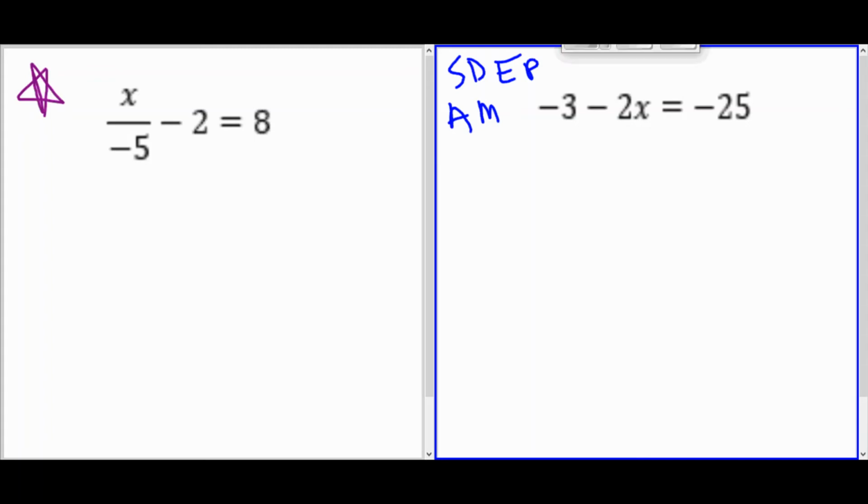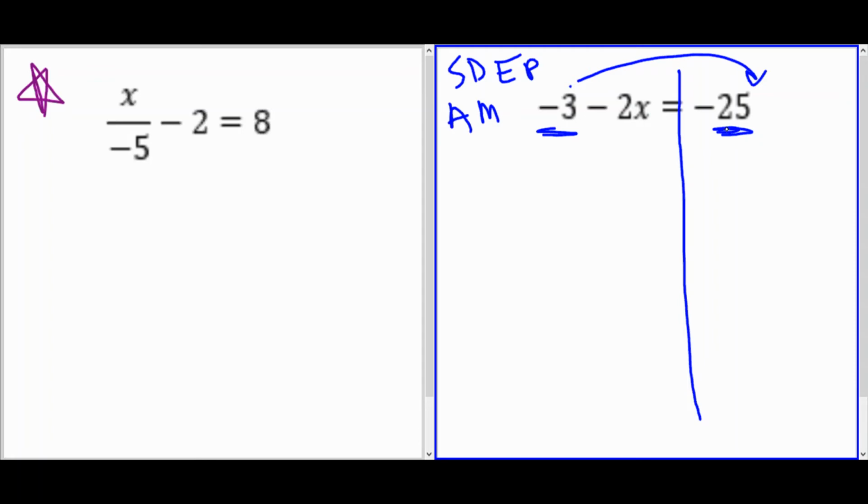Now, this time I have -3 minus 2x equals -25. Notice the -3 here comes first, and it's my constant term. So the first thing I'm going to want to do is move my constant over to that side of the line. The reason being is that this is a constant and this is a constant.